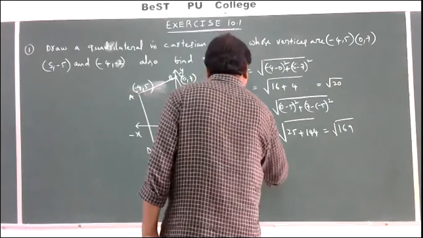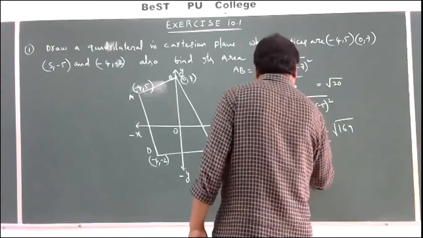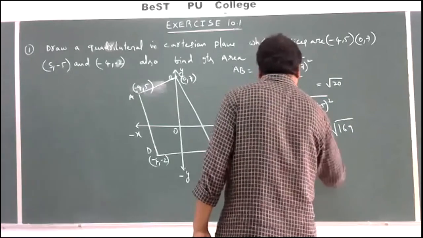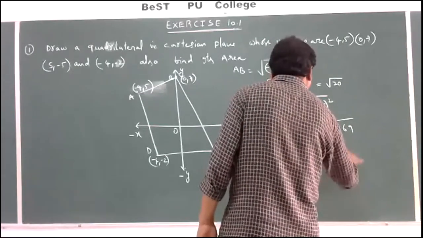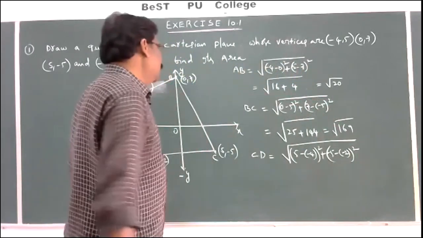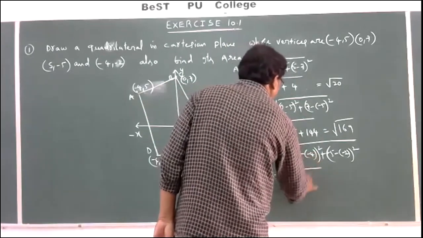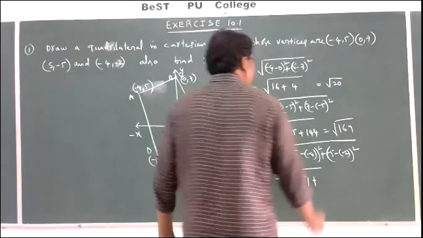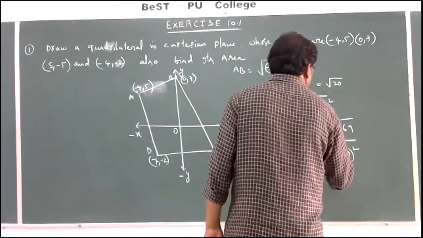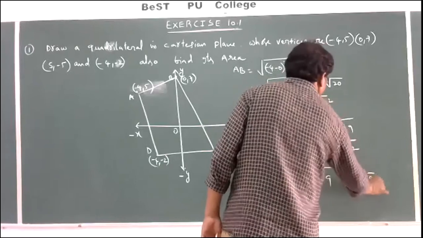Next, CD is equal to the root of (5 minus of minus 4) whole squared plus (minus 5 minus of minus 2) whole squared. So 9 squared is 81, plus (minus 5 plus 2), that is 9, so root 90.